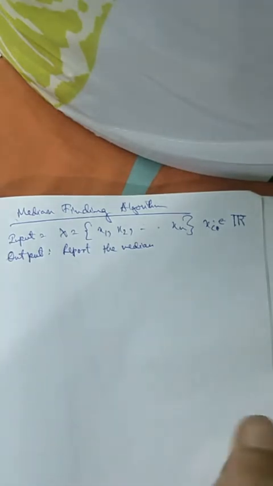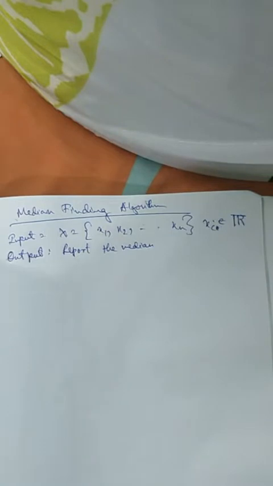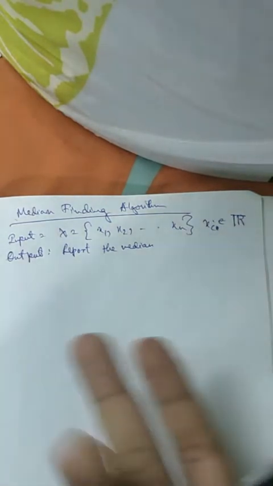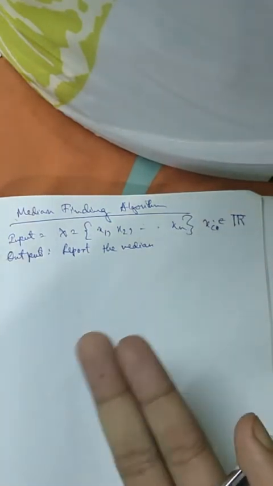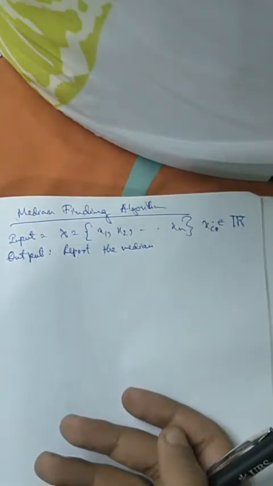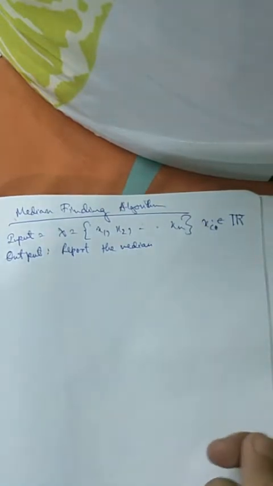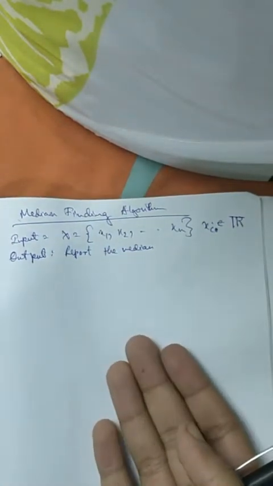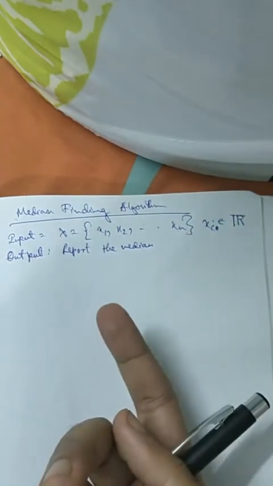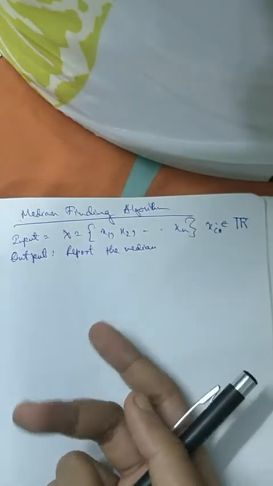That's basically the definition of the median. And if there are an even number of numbers, we basically sum the middle two elements and report. So basically it's a rank finding question. We have to find the n by 2th ranked element in this array.